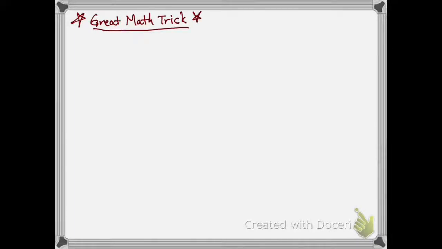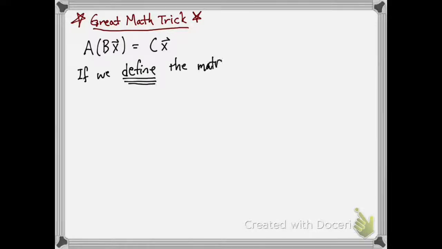And now here's the great math trick. This is a really good trick. Basically, you can get a theorem, a result, if you just make the right definition. So how does this go? Well, notice that A times B times x is equal to C times x, and we just computed what C was.